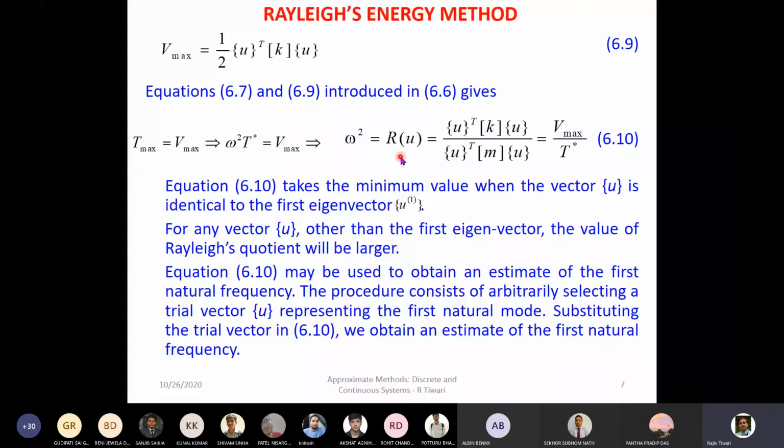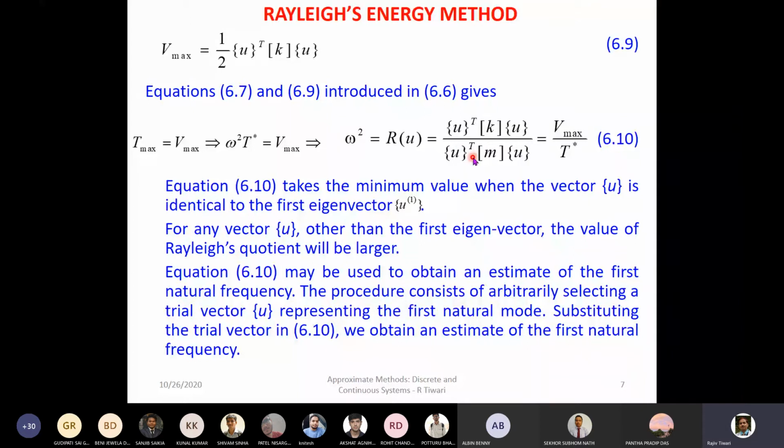And if U is not the same as the first eigenvector, then this ratio will always be more than the first eigenvalue, as we had the condition for the Rayleigh quotient, because this particular ratio always gives the upper bound of the first eigenvalue.